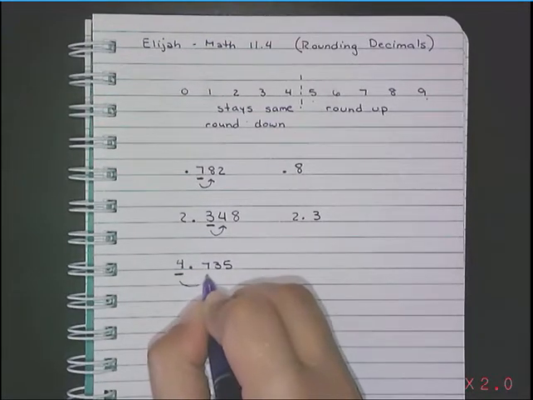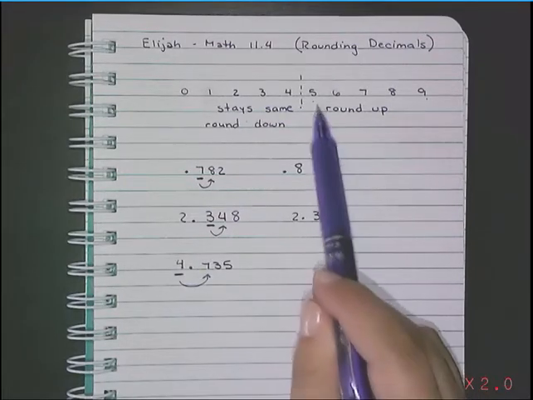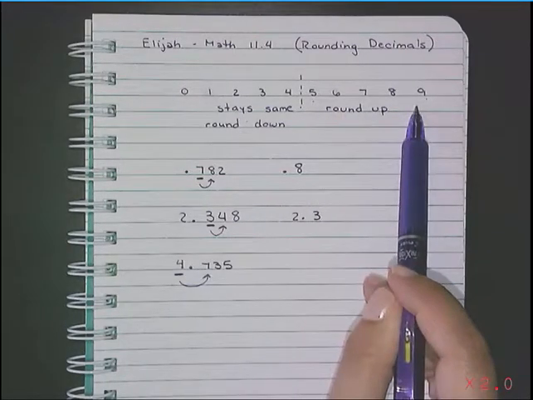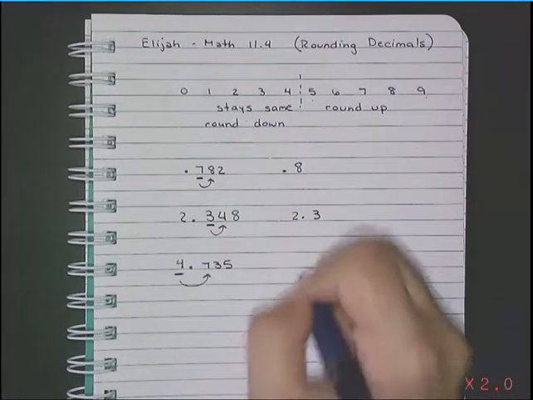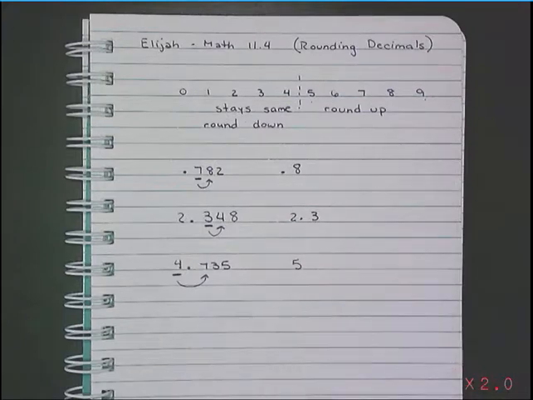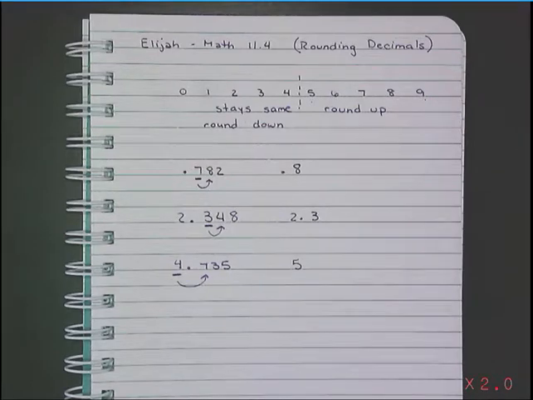You're still going to do the same thing. We're going to look to the number to the right, which is 7. 7 falls on the top end of this scale, so this 4 is going to be rounded up. Because remember, when we're rounding, we're determining, is this number closer to the next number up in line or the number below?